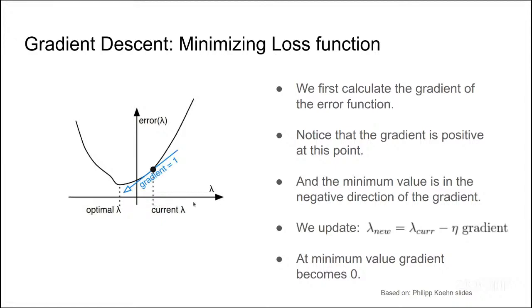If you go in the positive direction, you will go forward from the current lambda, but the optimal lambda is behind your current lambda. So you need to go in the negative direction of the gradient.